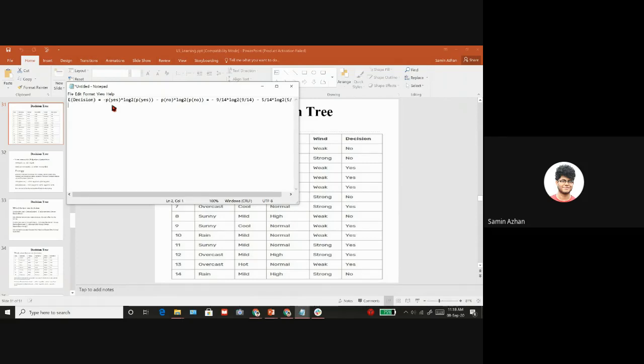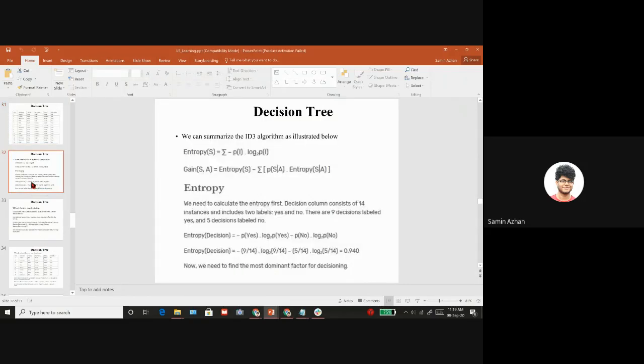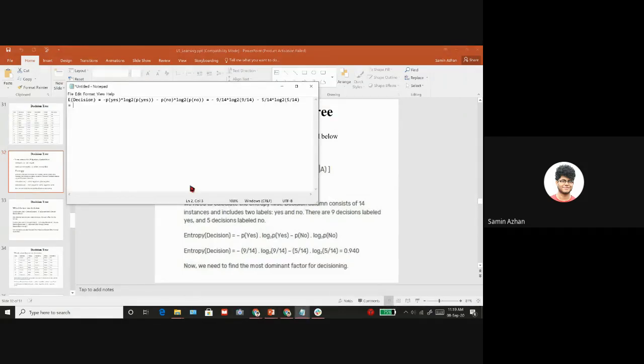Now, if you put that in a calculator, you should get something like 0.94. So this is the entropy of decision.